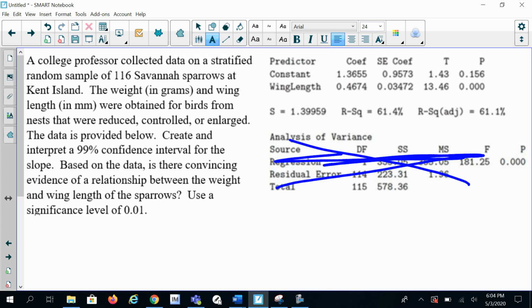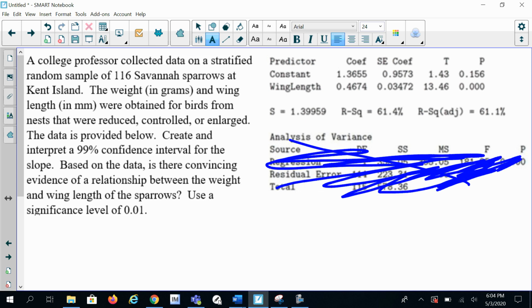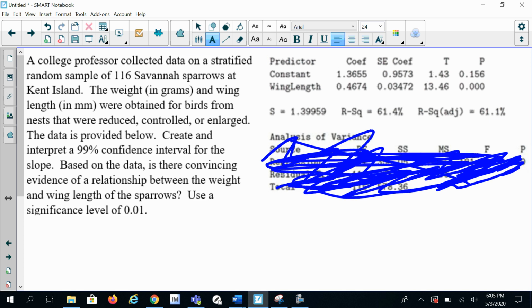We have the analysis of variance table down here. That's your ANOVA table. This is the no-no, so don't rely on that. The DF is there in this example, but don't rely on it. In this problem, they are actually telling me the sample size of 116. So the DF is going to be 114 because 116 minus 2 is equal to 114.